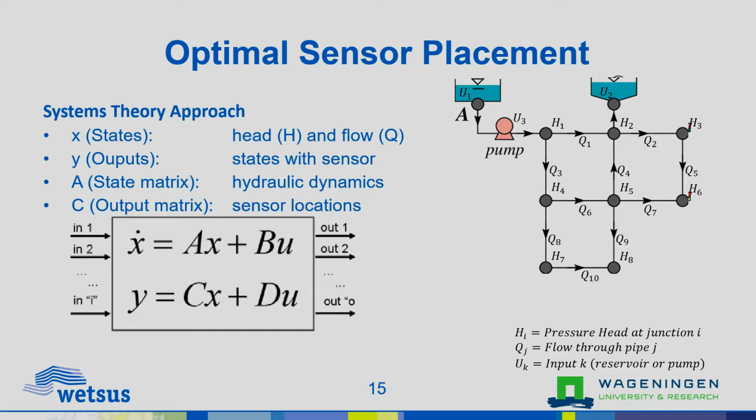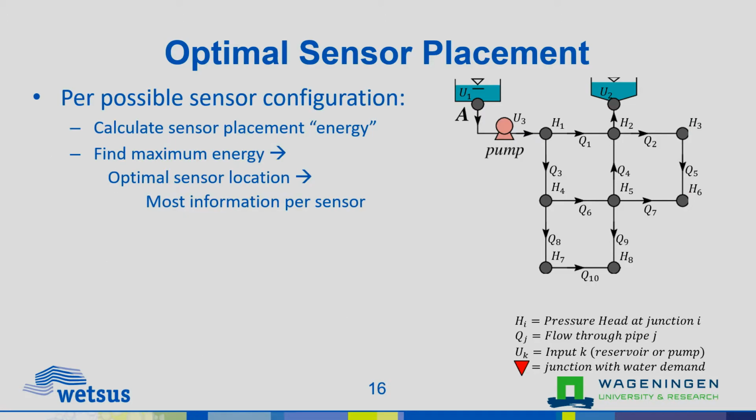Usually you either look solely at matrix C, where our sensors are and how this affects how much we know about the network. Or you try to simulate your model with the assumption that you already have a very strong model and that the results you get are very accurate if you simulate these bursts. But you can also just look at the properties of your network. So that would be these two matrices. And with observability functions, we can, from this method, come up with a way to determine where a sensor would give us the most information that we need for our network.